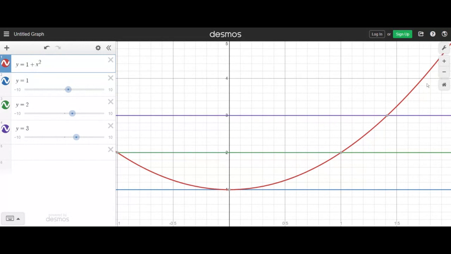But the fact that the y values above 2 grow quickly affects the average, and so it balances out to y equals 2. Y equals 3 is just a little too high for the average. The average doesn't get pulled to the right as far as that.